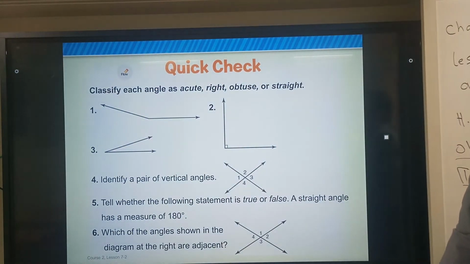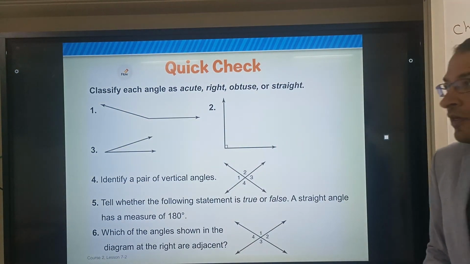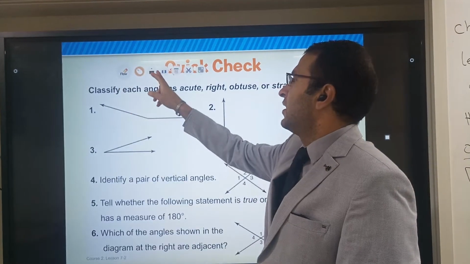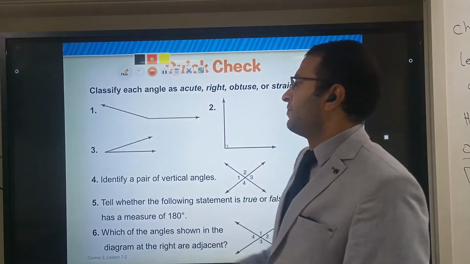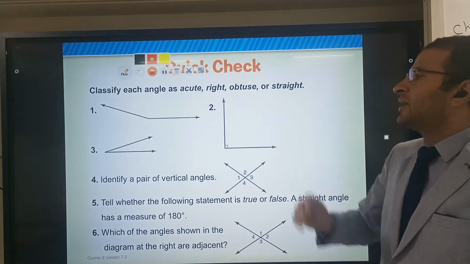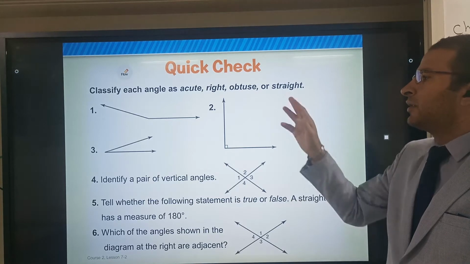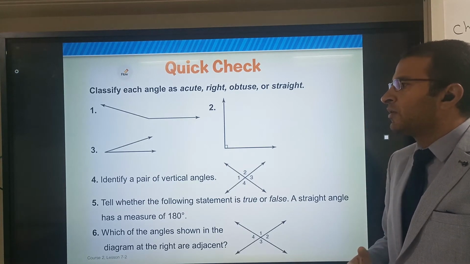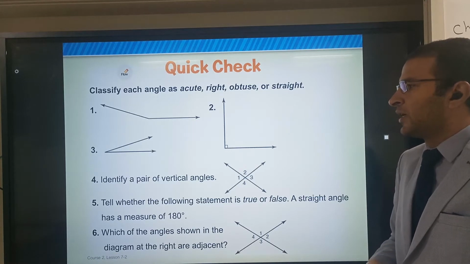Before we start, a small revision of what we studied in the previous lesson. We'll start with this question: classify the angle as acute angle, right angle, obtuse angle, or straight angle. Acute, right, obtuse, or straight.